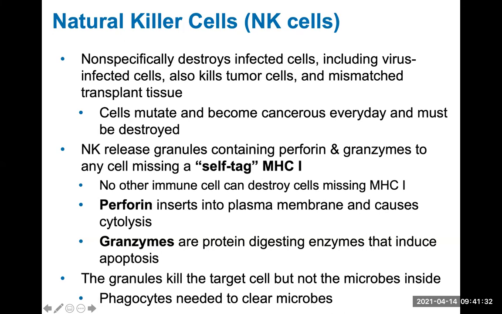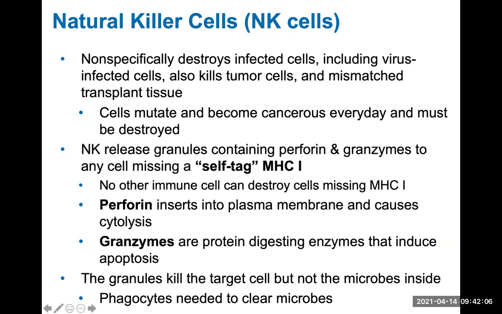Natural killer cells release granules containing two particular types of enzymes that you need to know, perforin and granzymes. And the mode of action or the mechanism that natural killer cells use to target these infected or tumor cells is looking for the MHC1. So all of your white blood cells have MHC2, and all the other cells in your body have MHC1.